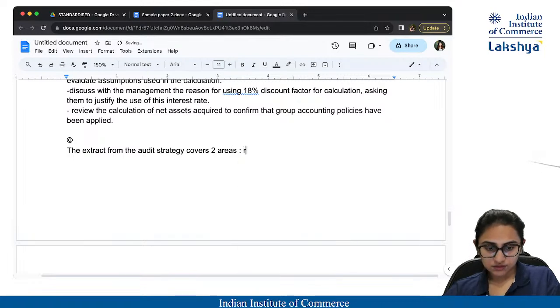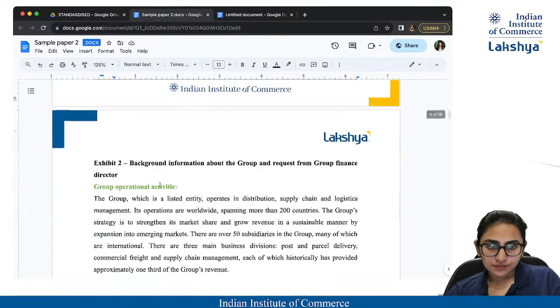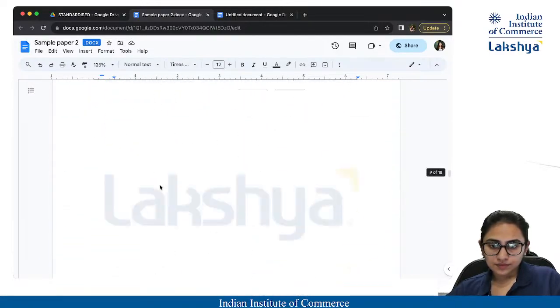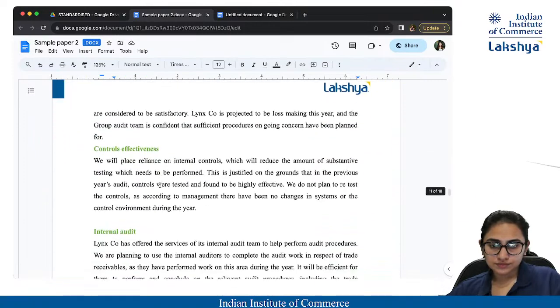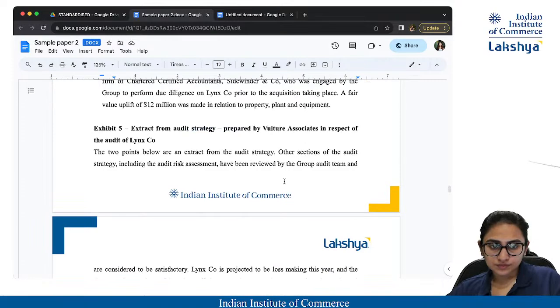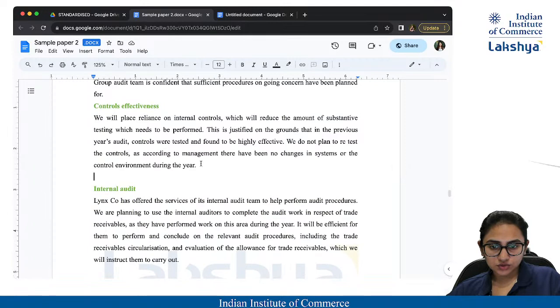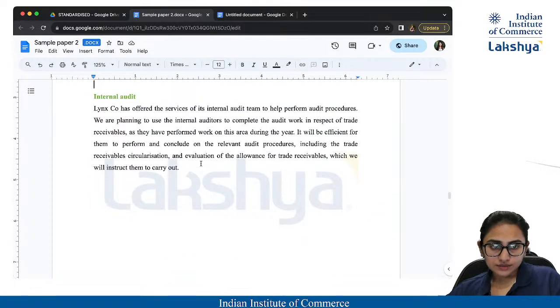What are the two areas? Reliance on internal controls, such as the control effectiveness, and internal audit.